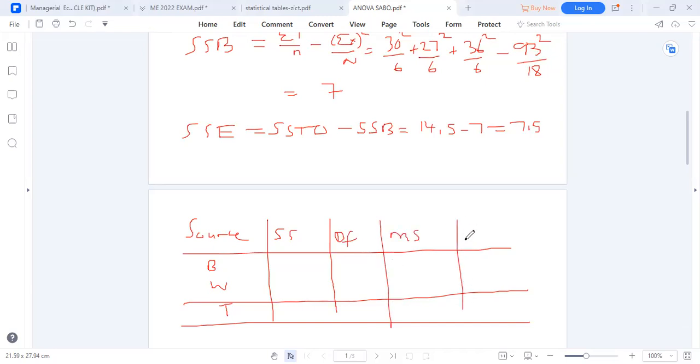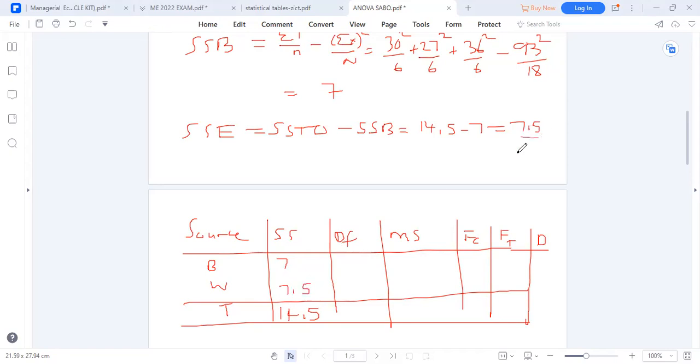And what is the sum of square within? 7.5. Total, 14.5.